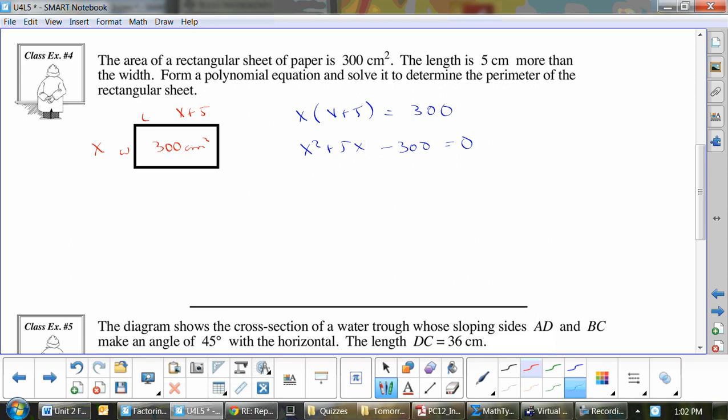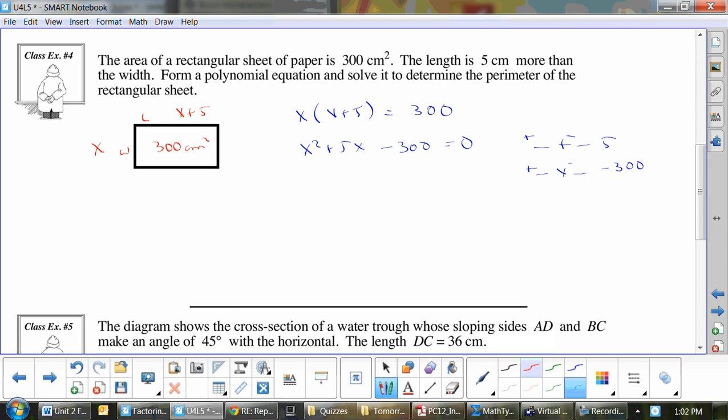So what would I do? I'm looking for two things that add to 5 and multiply to give me negative 300, right? What are those numbers? No, positive and a negative, right?